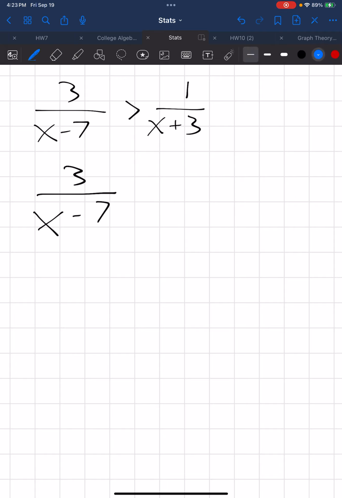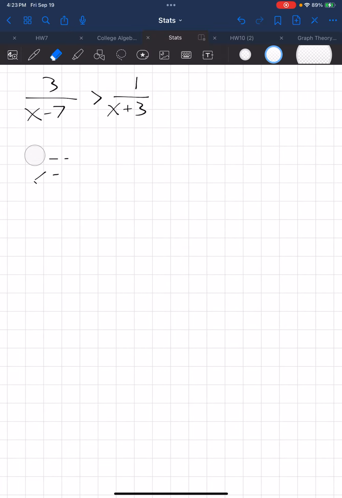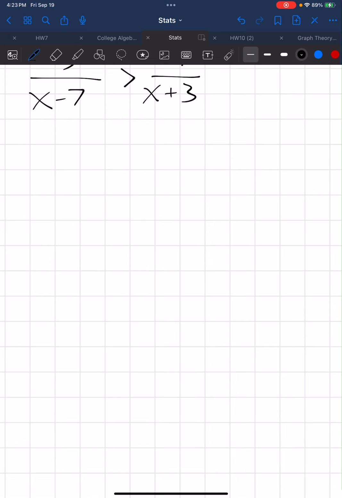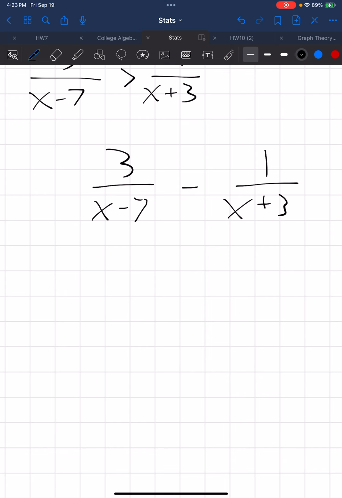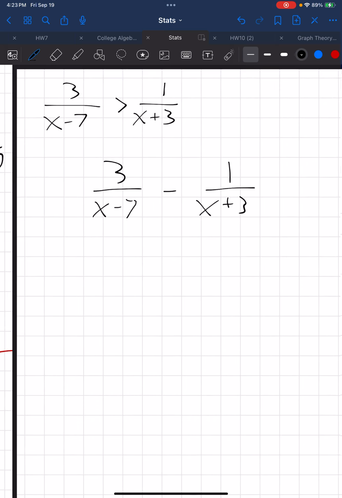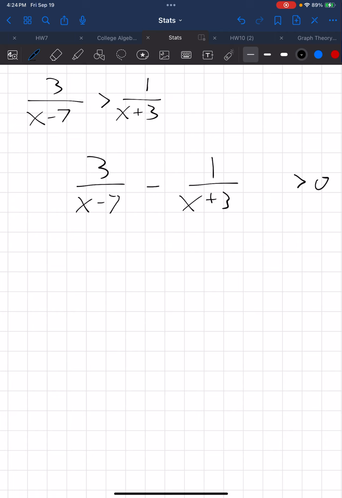So let me give us a little bit more space to write stuff down. 3 over x minus 7 minus 1 over x plus 3 greater than 0. Because we want them to have the same denominator, I'm going to multiply each one by the other one's denominator, so that on the bottom they will end up with the same thing.